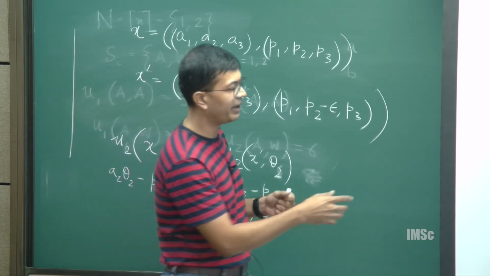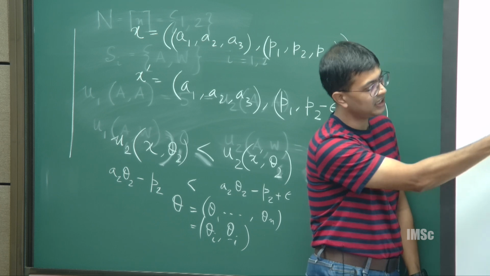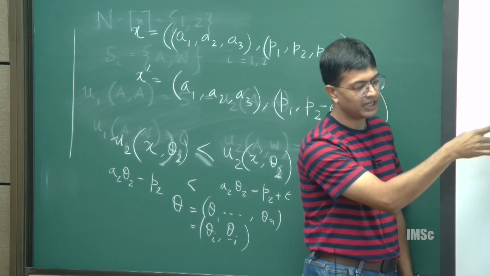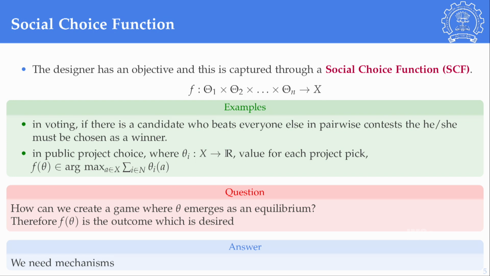So you can capture this text in English in some function. So in this case it's easy to write mathematically. Here it is a little difficult, but that is something that we are actually starting out as our objective. I want to satisfy this.